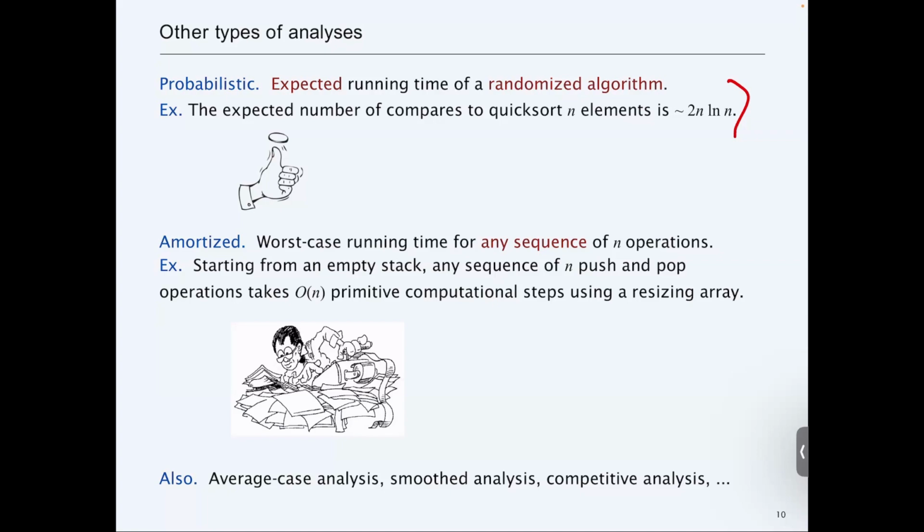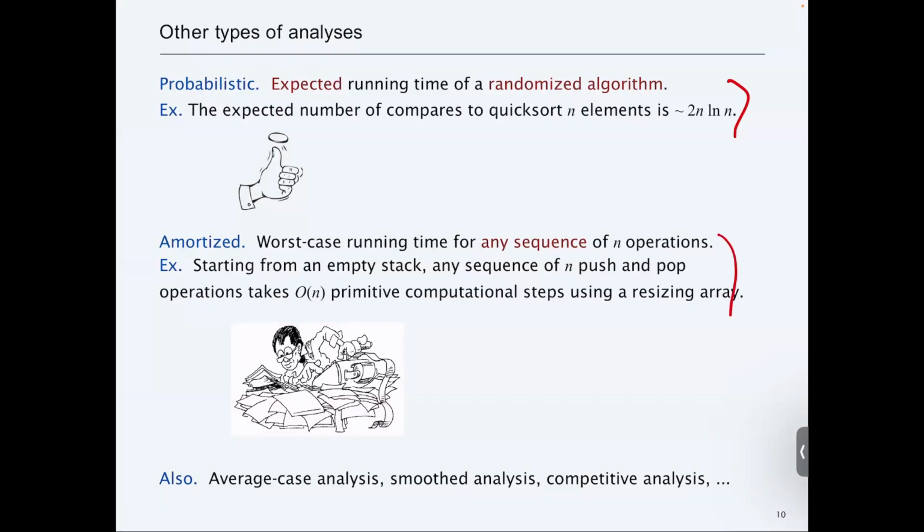And this eventually degrades into something like selection sort, where you end up doing n squared operations. But the expected time of quicksort is actually big O of n log n if you do probabilistic analysis. And in practice, quicksort is usually extremely fast.